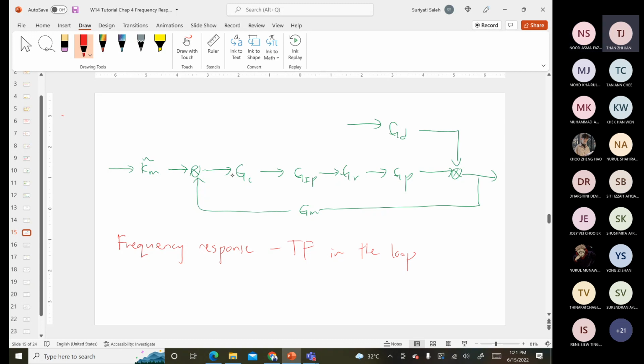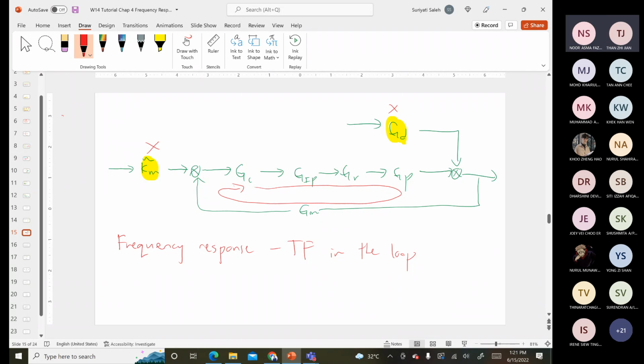This is the loop. So this is your loop. So this means the KM here, the GD here is outside the loop. So you don't need to use this information because it's not part of the loop. It's part of the block diagram, but not part of the loop.